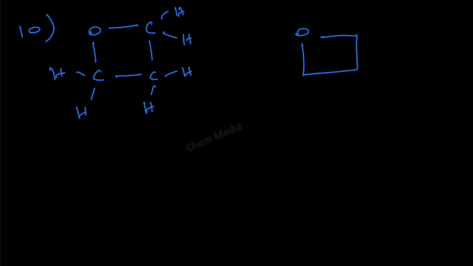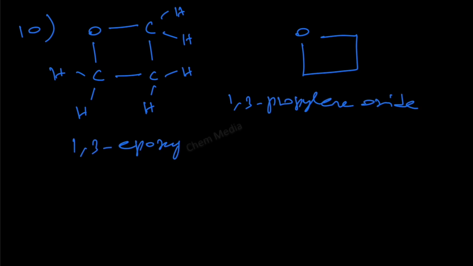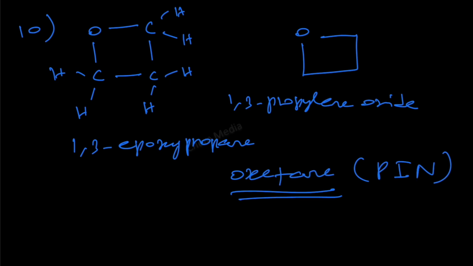So this is 1,3 propylene oxide, or sometimes people mention it as 1,3 epoxy propane. But the preferred IUPAC name for this molecule is oxetane. That's the preferred IUPAC name. These two are common names. This is the preferred IUPAC name.